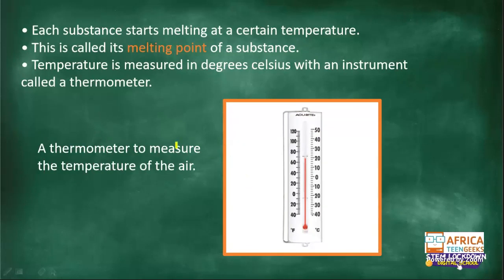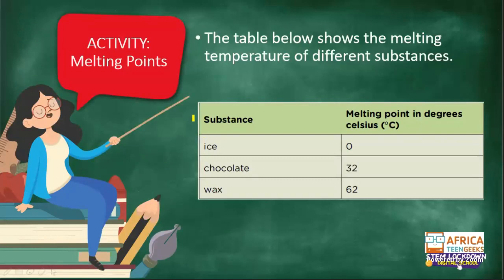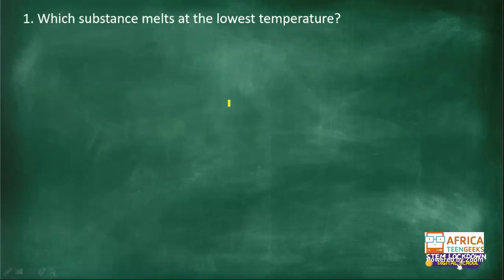This is a thermometer to measure the temperature of air. Now, this table shows the melting temperature of different substances. Okay, so at 0 degrees, ice will start melting. Chocolate at 32 and wax at 62 degrees. Okay.